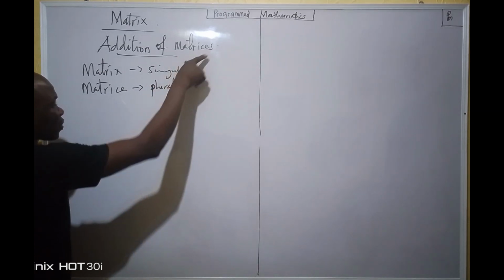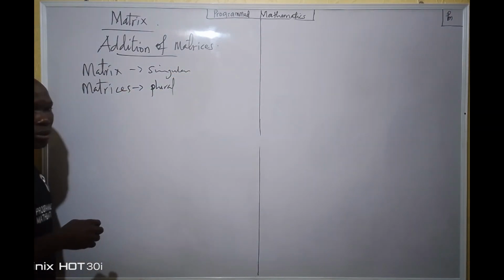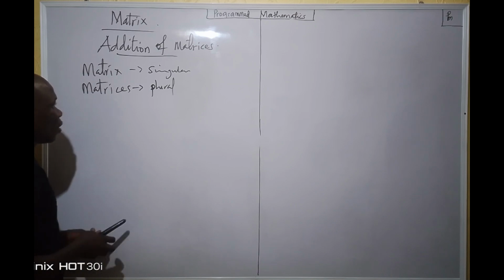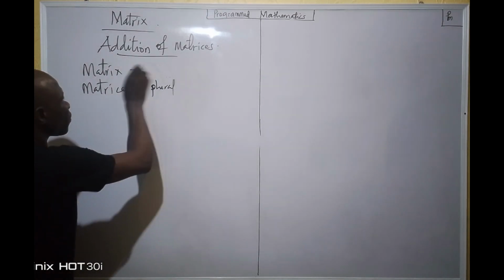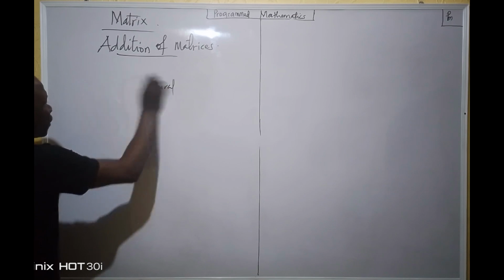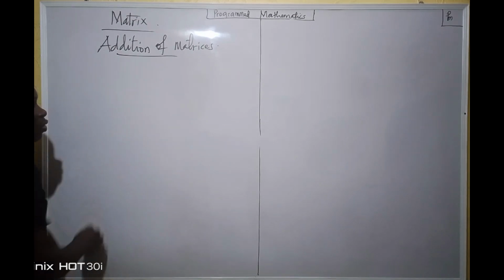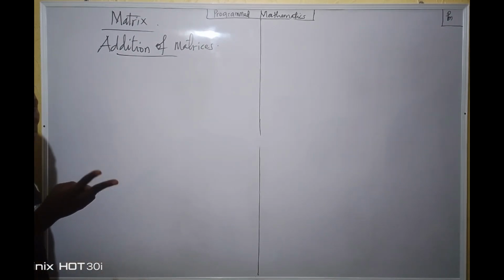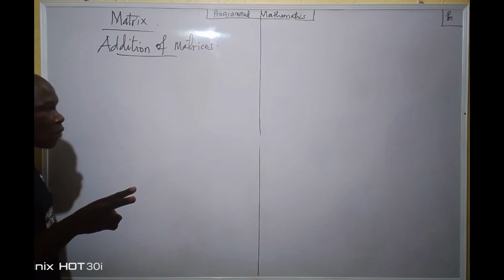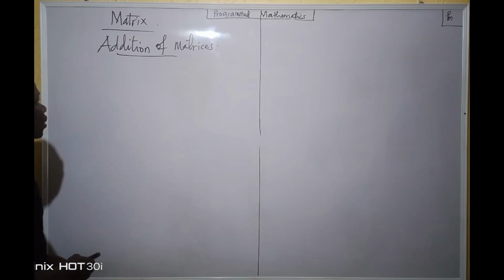So when I say matrices here, I'm referring to more than one matrix. When we talk about addition of matrices, at least you need two matrices before you can think about addition of matrices.